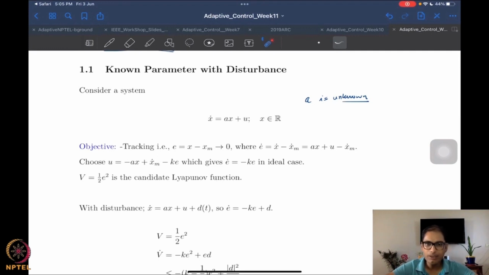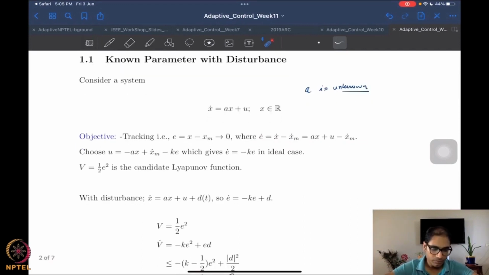The same arguments can be made for any kind of adaptive control problem, be it the MRAC problem or the backstepping type situations, so we just focus on the simplest case. So what do we do? As usual, we construct the error dynamics, which is e dot is x dot minus xm dot, which is ax plus u minus xm dot.